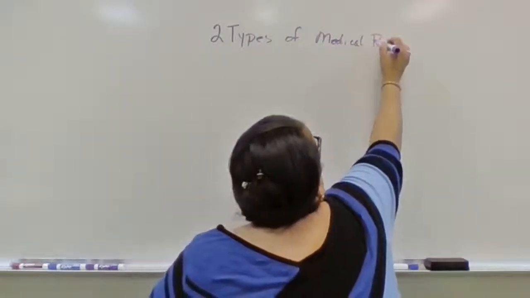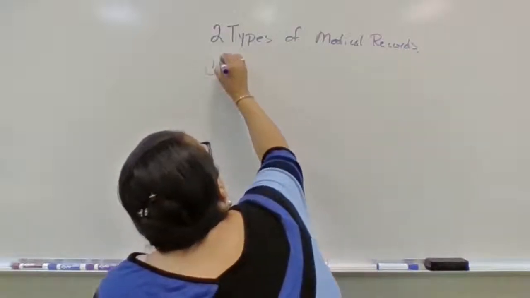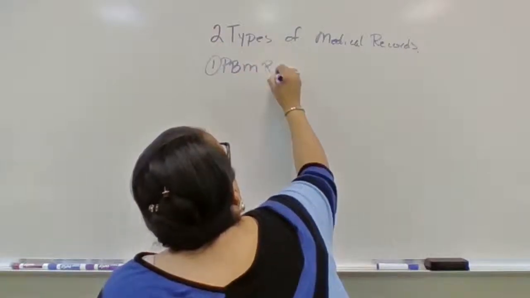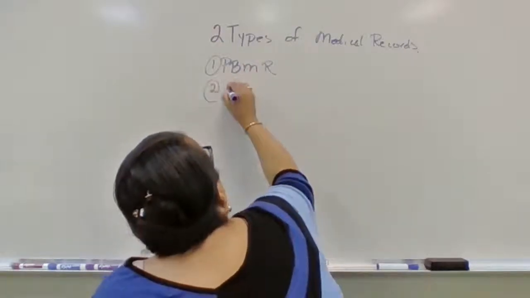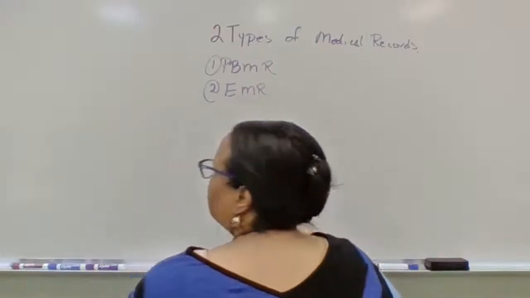Two types of medical records: you have paper-based medical records and you have electronic medical records.